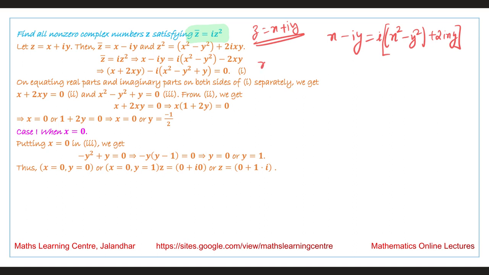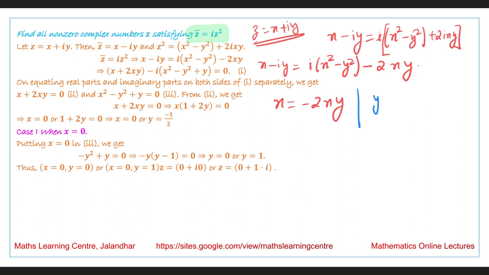So we are writing x minus iota y is equal to iota times (x square minus y square) minus 2xy. So if we compare the coefficients over here, we get x is equal to minus 2xy, and second we are getting minus y is equal to x square minus y square. These are the two equations we are getting from this.